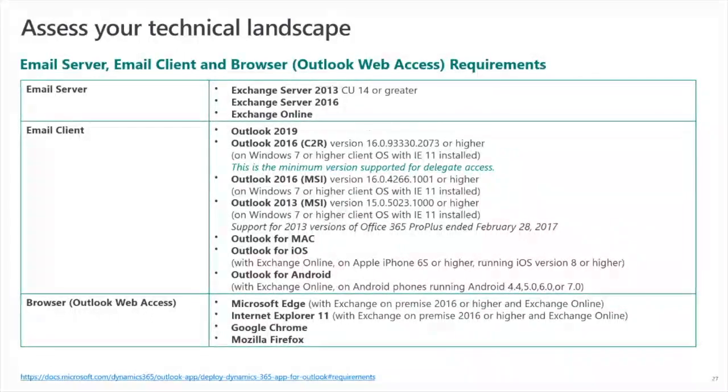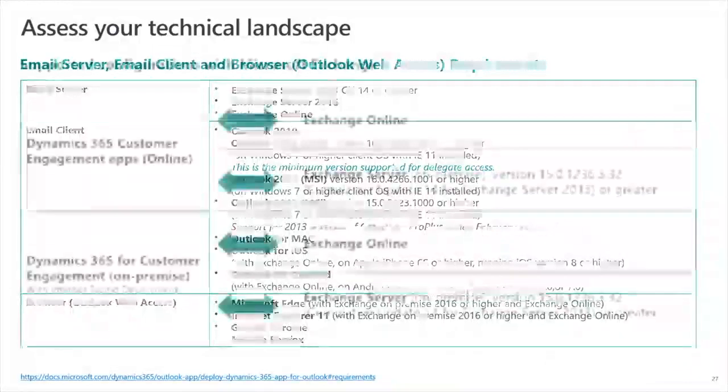And we really recommend to go higher because in the following slides we'll show that not all features are available on older versions of Outlook. And in terms of browser, the minimum version is Internet Explorer 11.